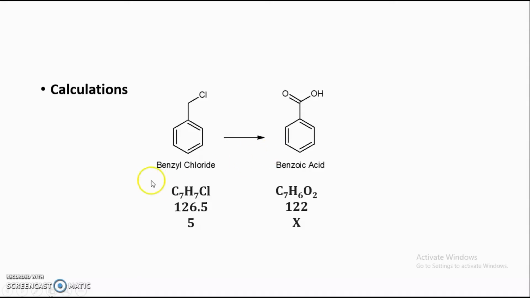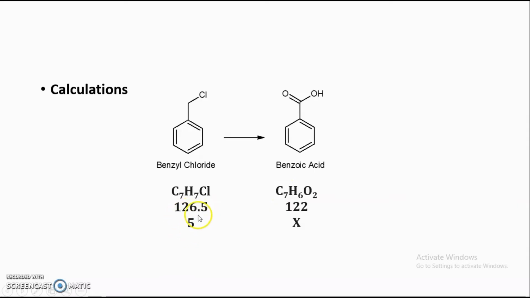Now, if we calculate, benzyl chloride will become 126.5, and benzoic acid has a molecular weight of 122. So what is the meaning of this? If we take 126.5 gram of benzyl chloride, we will get 122 gram of the benzoic acid, theoretically.